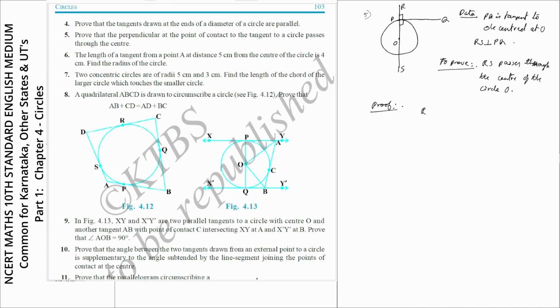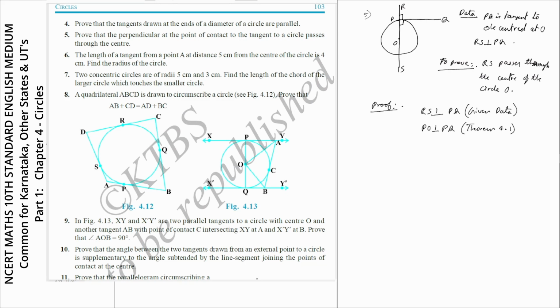Given that RS is perpendicular to PQ, this we already know, it's in the given data. Now PO is perpendicular to PQ according to theorem 4.1. What does theorem 4.1 say? The tangent at any point of a circle is perpendicular to the radius through the point of contact.